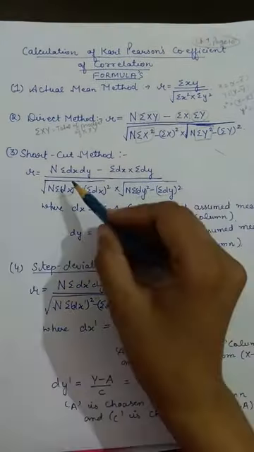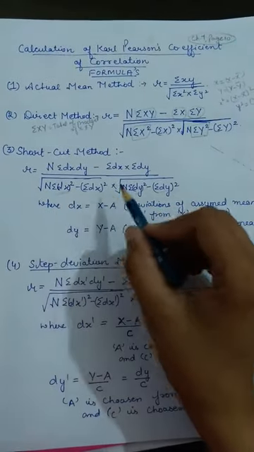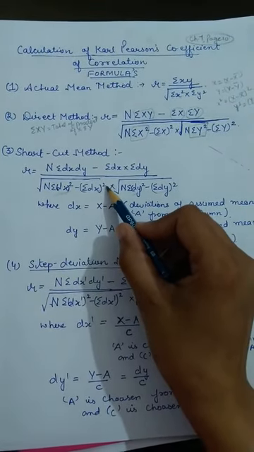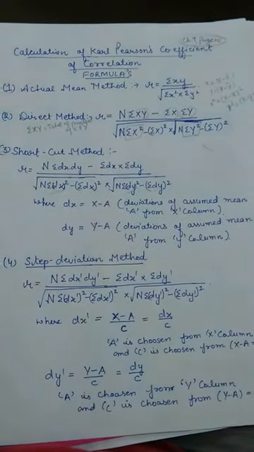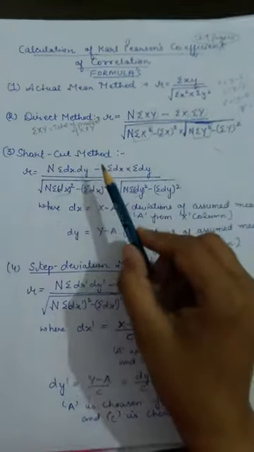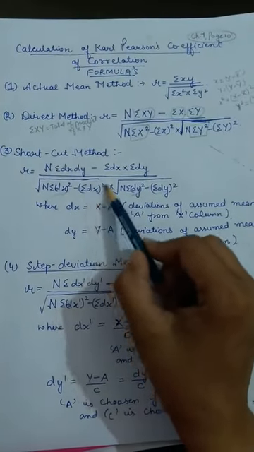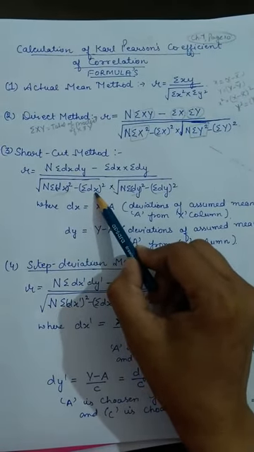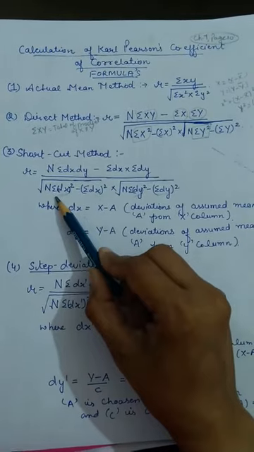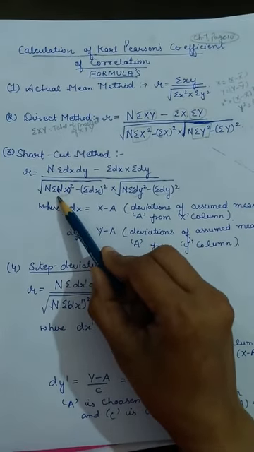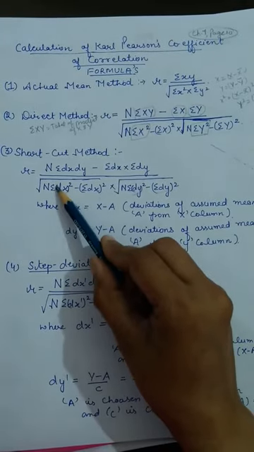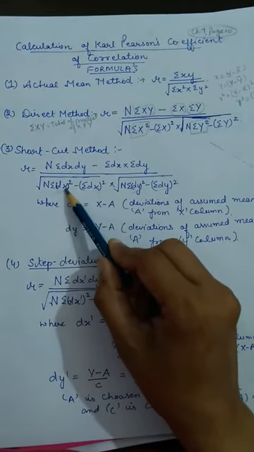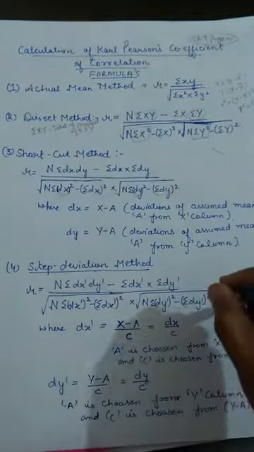This is your total of dx square and this is your square of total of dx. Again I am telling, this is the square of the total of dx column. This is your total of dx square column.